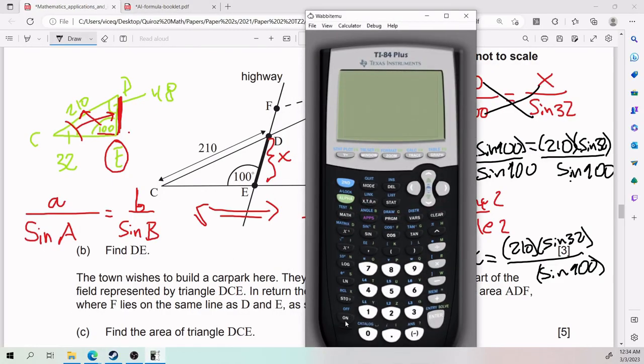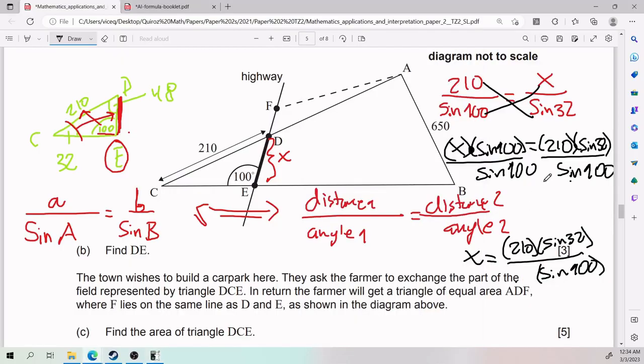Sine 100 is an actual number. You can go like this, sine 100, boom, it's an actual number, all right? So I'm basically dividing by 0.98 on this step here, see? But I just wanted to point out when and why you use sine inverse. More importantly, why. If you understand why in anything, it enters your head a lot more, see?